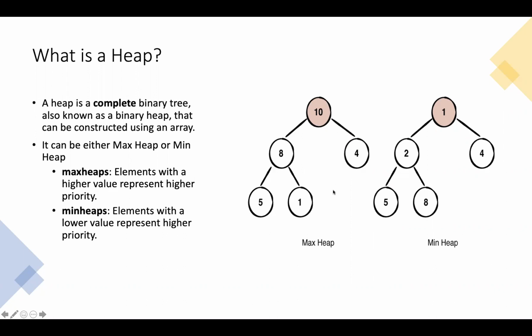Since 4 doesn't have any children, it is anyway considered the biggest, so it is a max heap. Similarly, we have a min heap, where all nodes have a value lower than their child nodes. Here, 1 is less than 2 and 4, and 2 is less than 5 and 8. Since 4 doesn't have any children, it is anyway considered lesser. So this is a max heap and this is a min heap.